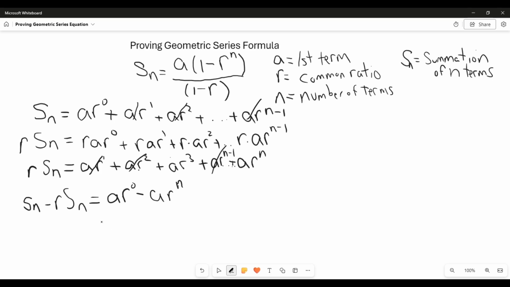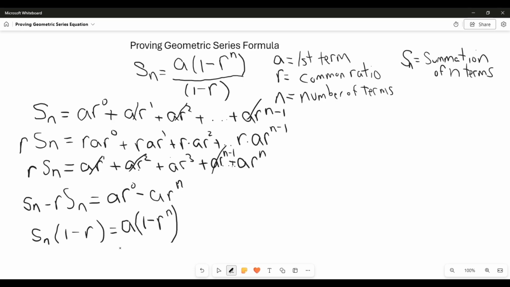So far, so good. Now here, I can factor out an S sub n, and I'm left with 1 minus r. And over here, r to the 0 is 1, so I'm left with a, and they both have an a, right? So I can factor out an a, and I'm left with 1 minus r to the n.